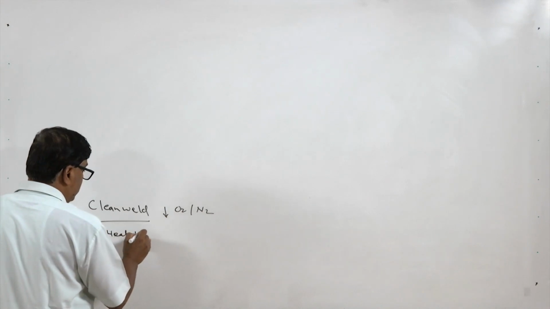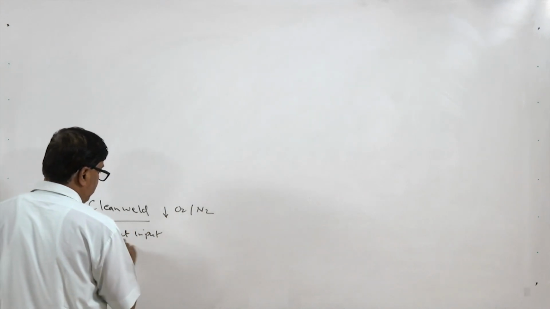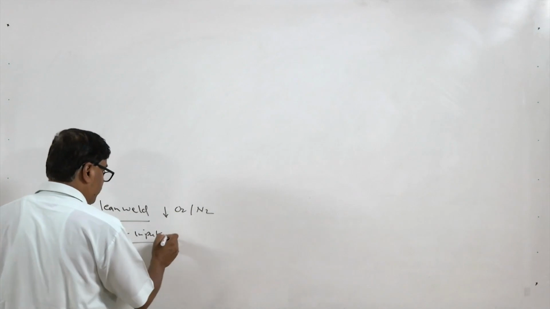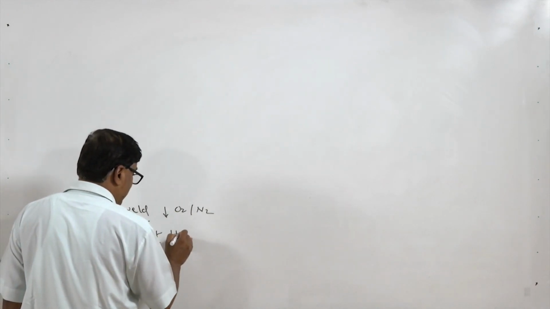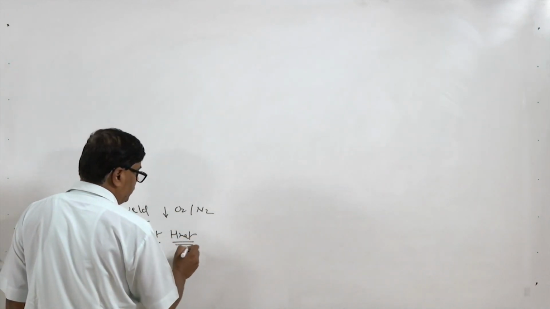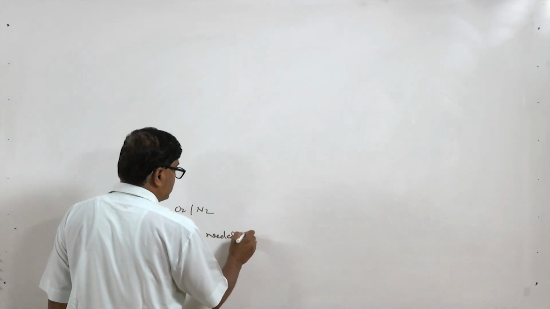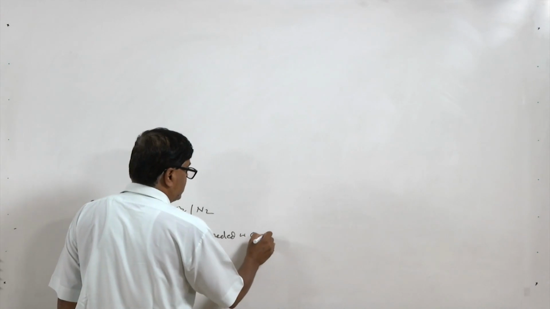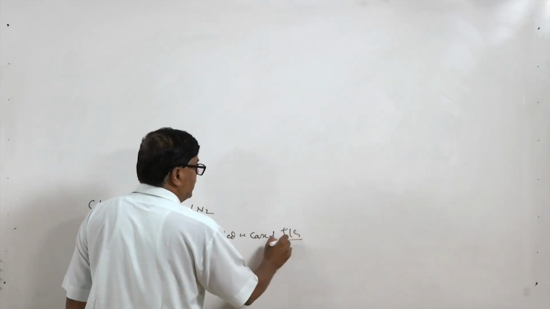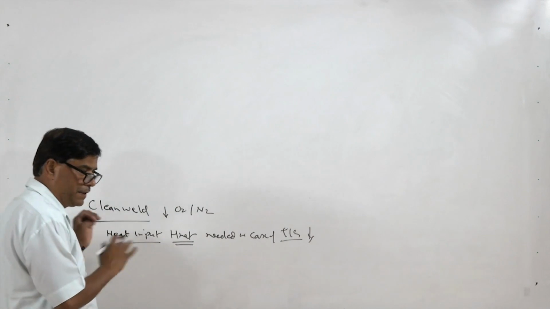So, heat input, that is H net, the net heat input which is needed in case of the TIG process, is very less as compared to the other processes.